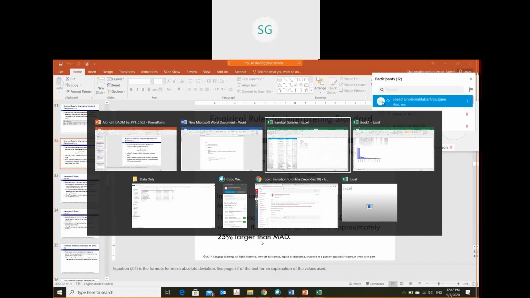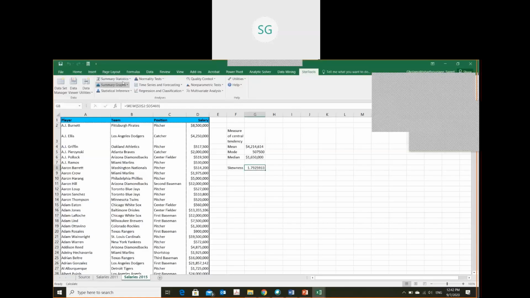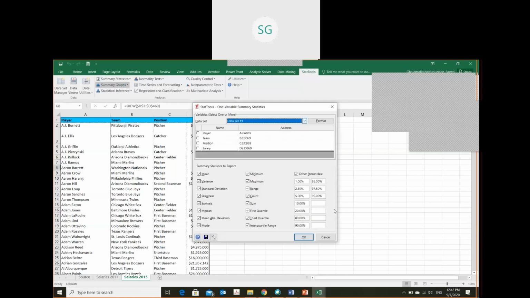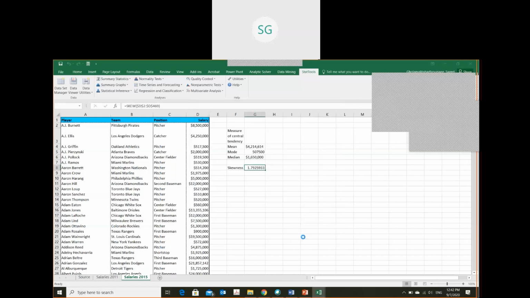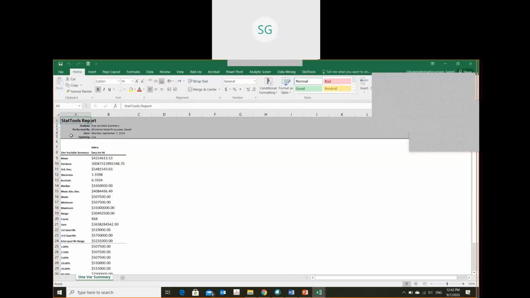Let me show you how we can see the summary measures regarding a single variable. In StatTools, we go to summary statistics, one variable, summary. We select salary. We can get all these reports: mean, variance, standard deviation, kurtosis, first quartile, and etc. Again, mean is $4 million.